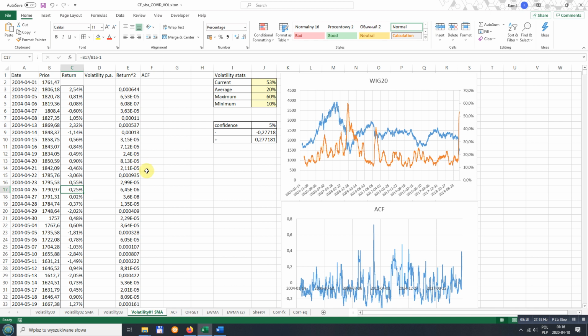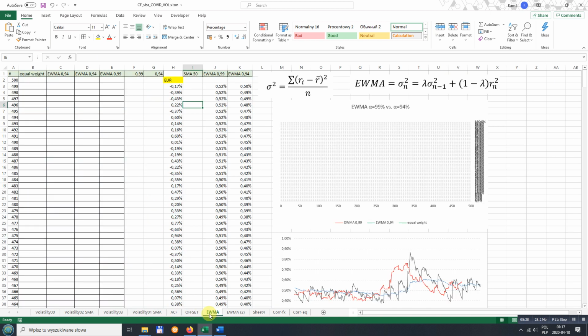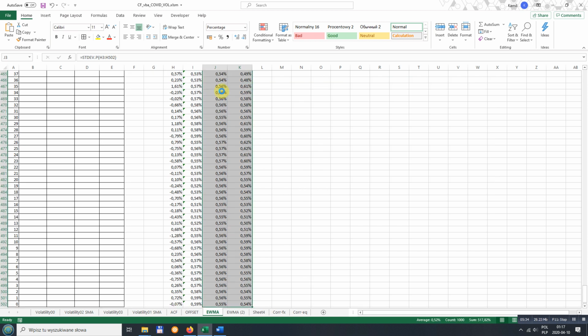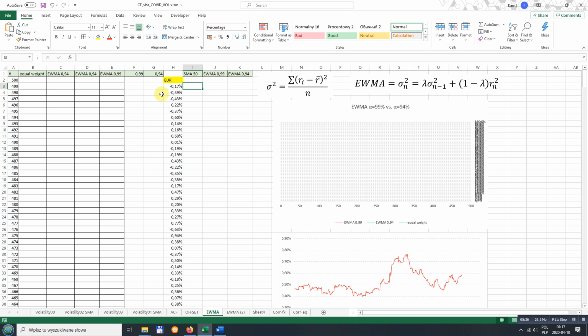We only focus on the most recent subset of our data. And in the exponentially weighted moving average, we will choose a different method. Right, so a different method. And in this case, our mechanism to incorporate this volatility cluster feature into our analysis would be to focus on weights, right?